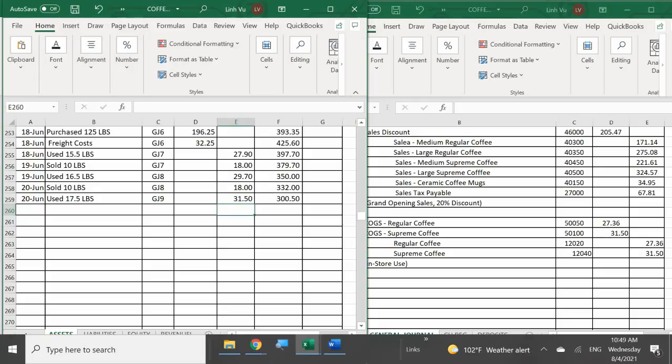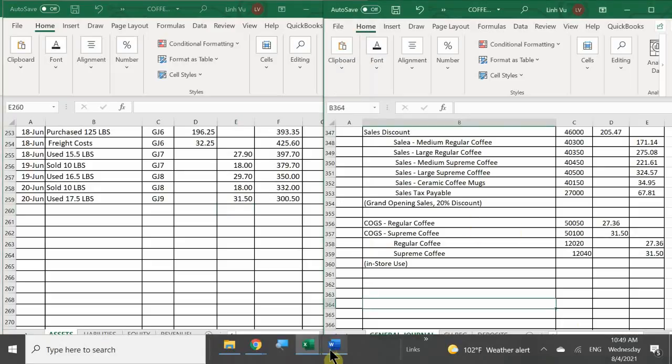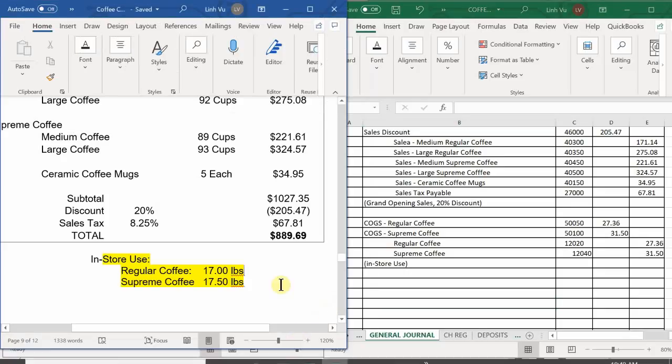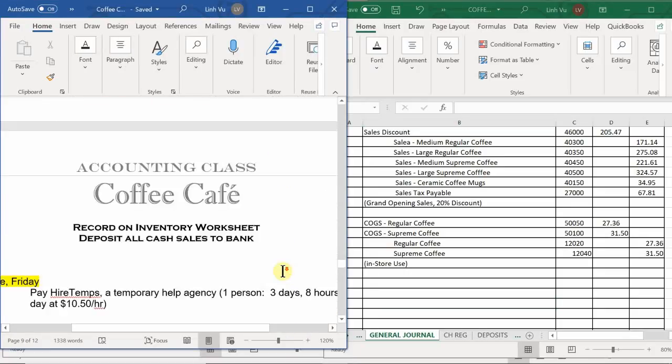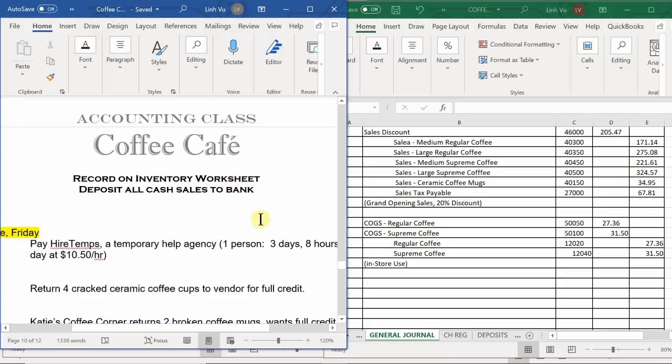Yes, because we calculated it in our inventory worksheet. Okay. We did update our inventory worksheet and we did deposit our cash sales into the bank.